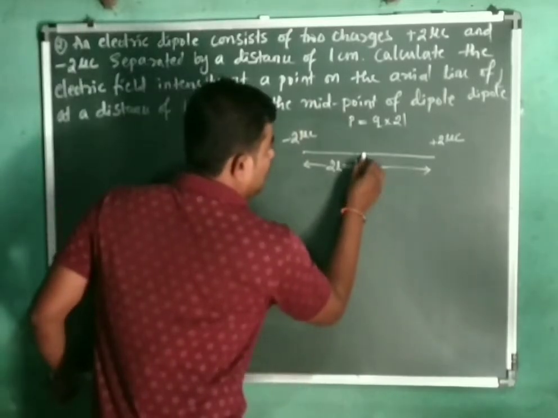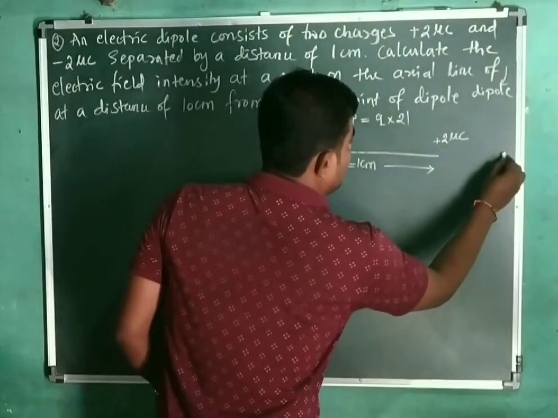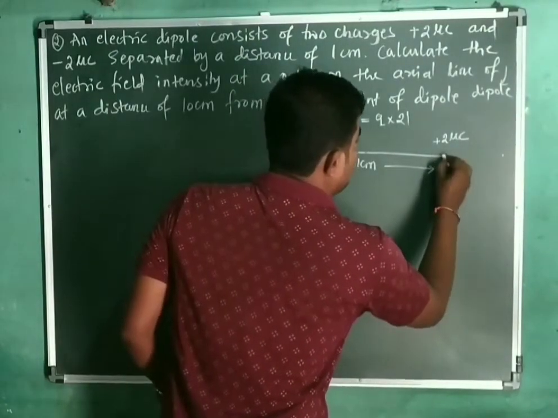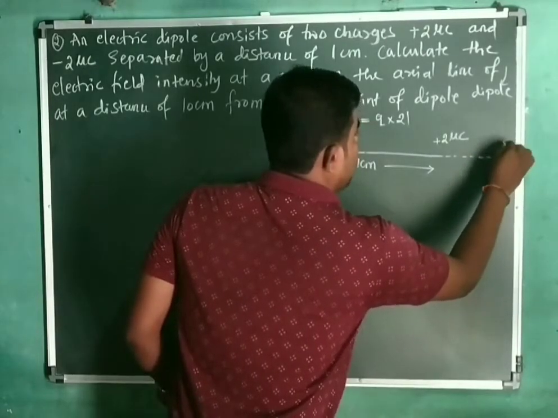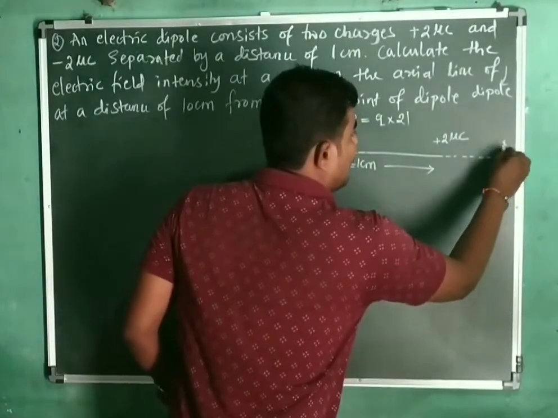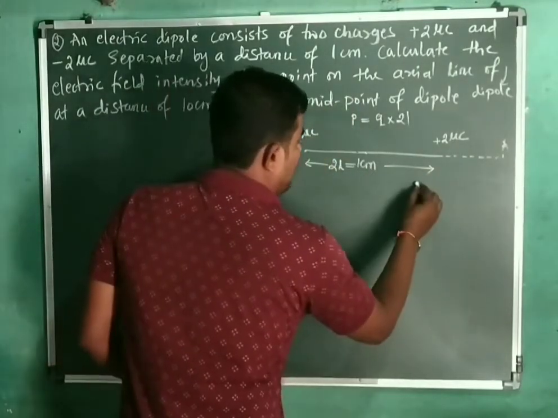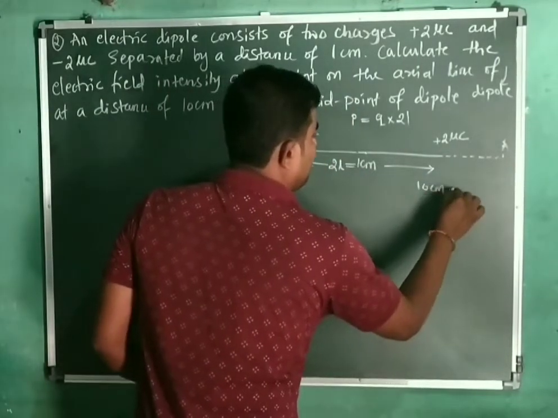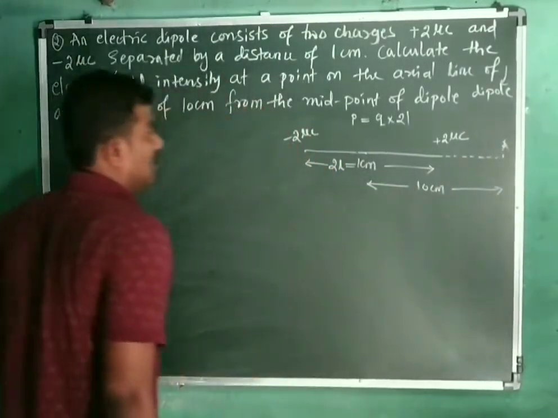This is the midpoint. From the midpoint of the dipole, we have to consider 10 centimeter distance. Let us call the point A. A's location is at a distance of 10 centimeter from the center of the dipole.